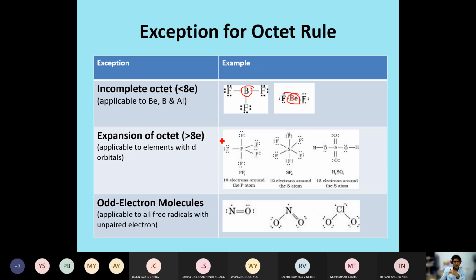And for phosphorus and sulfur, we know that they have expansion, they have d orbitals, so they can expand their octet, and they can have more than 8 electrons in it. And sometimes there will be odd electrons as well.